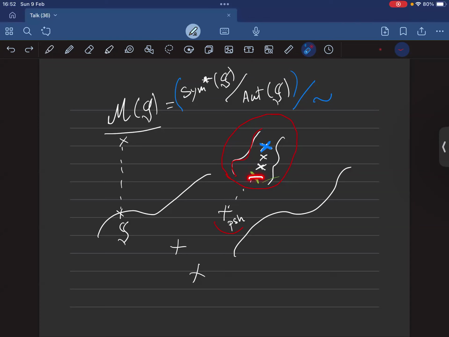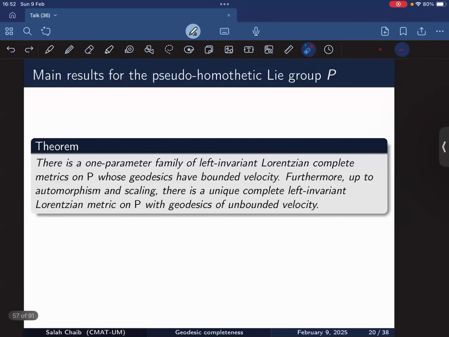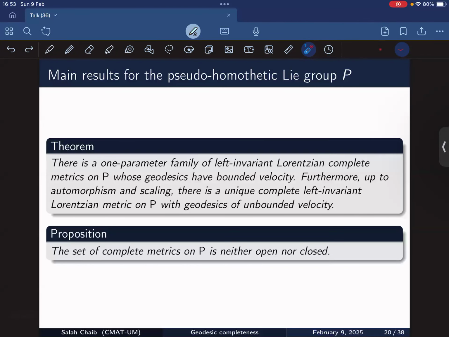It's the only metric which has extra isometries. Another result is that the set of complete metrics is not open and it's not closed for this group.